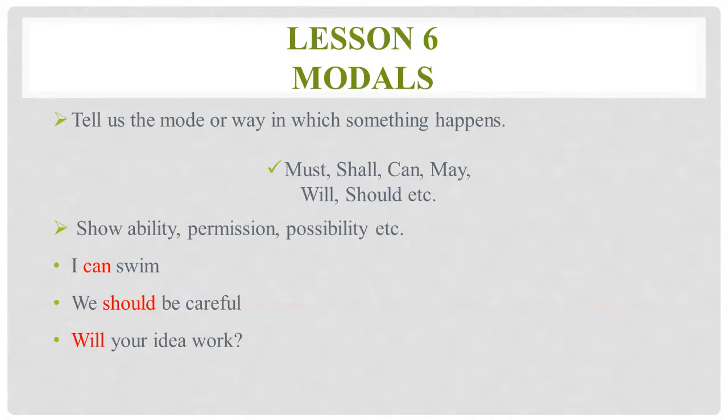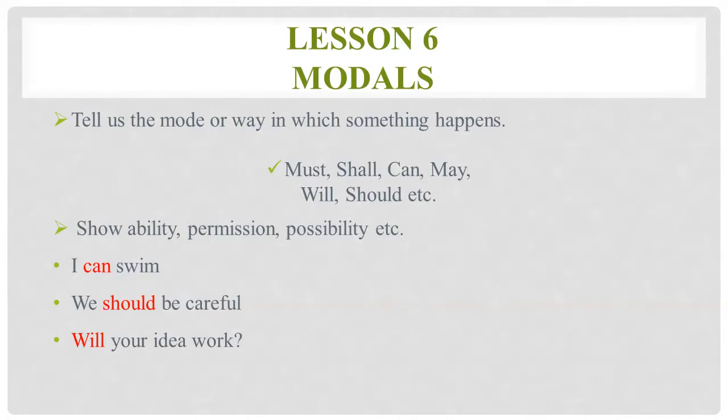Like you can see on your screen, there are different functions that are carried out by different modals, and we can also see that one modal is used in many functions. For example, will is used in prediction as well as willingness, habits, and preferences. Let us have a look on different modals and their functions.